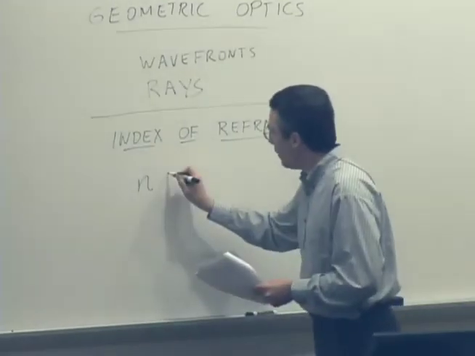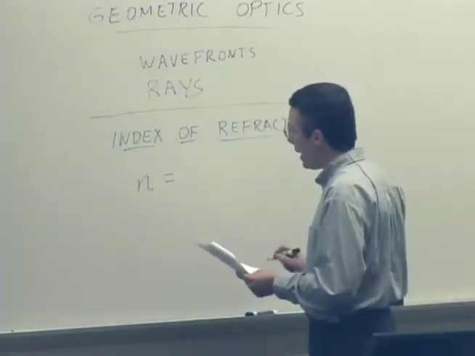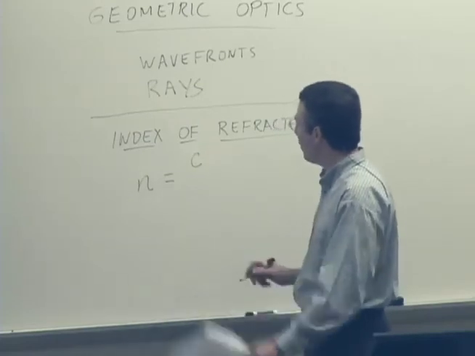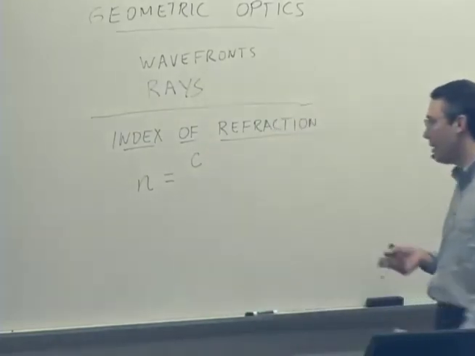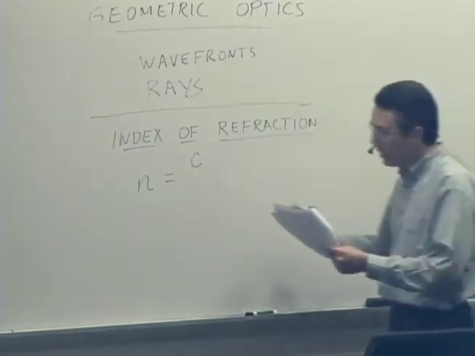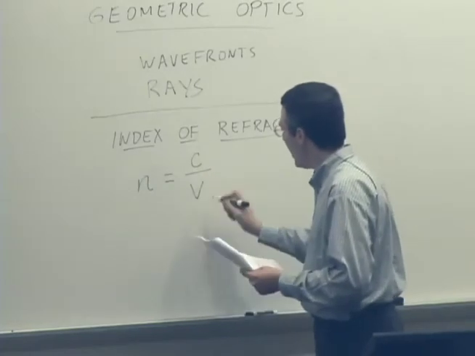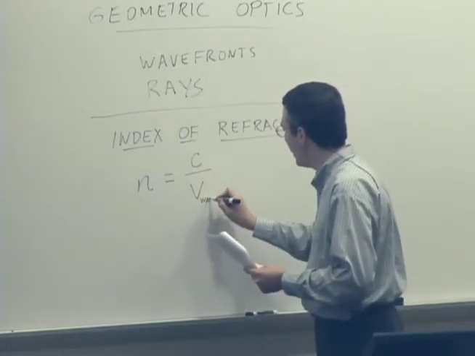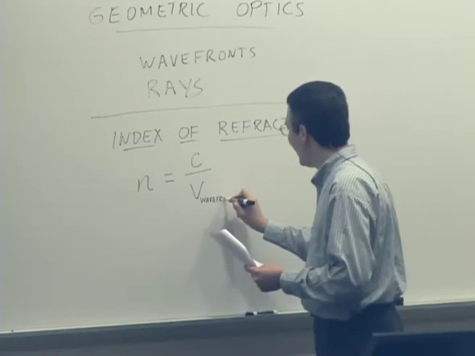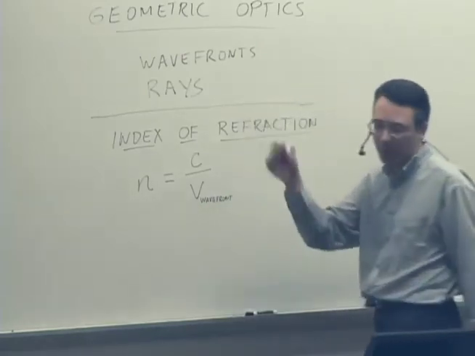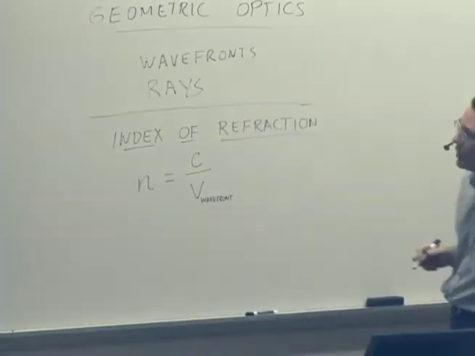The formal definition of n is the speed of light in vacuum, 3 times 10 to the 8th meters per second, divided by the speed of the wave front inside the medium, which is different. We see these wave fronts moving slower inside the medium.